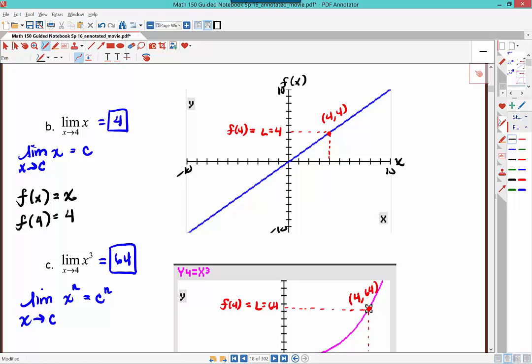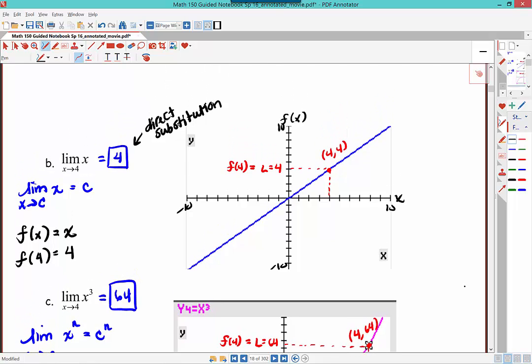And so this is a result of direct substitution, which we're going to refer to as DS for direct substitution.